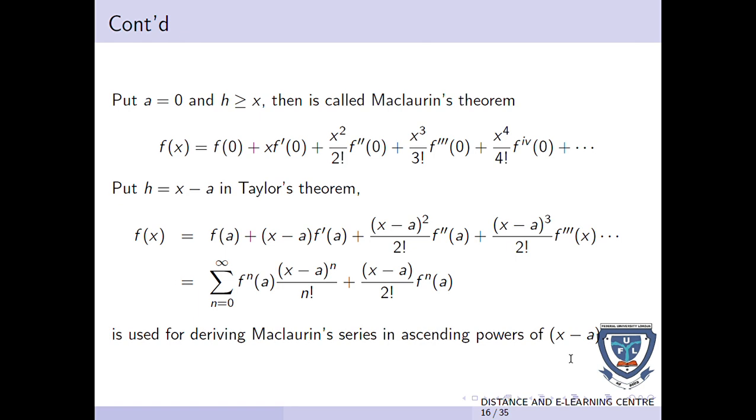Put h equal to x minus a in Taylor's theorem, then you have that f(x) is equal to the summation of fⁿ(a)(x - a)ⁿ/n!, which is used for deriving the Maclaurin series in ascending powers of x minus a.